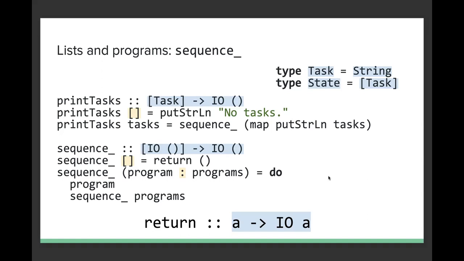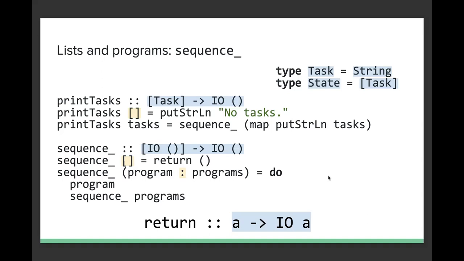What's important, and I don't have a slide for this unfortunately, is that since return is really just a function and return something is an expression, you can actually put it in the middle of the do block. But it is not a control statement. It is just an expression, a program that doesn't do anything and just returns some value.